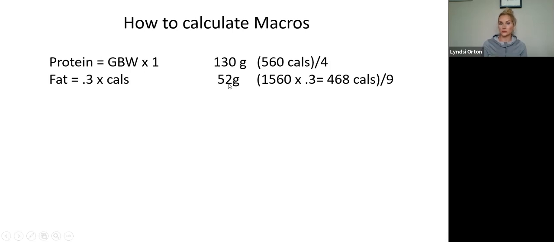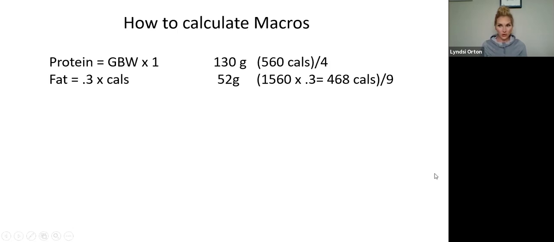So it's 52 grams of fat. So again, we're going to take our calories for the day, multiply it by 0.3, and that gives us how many calories from your daily allotment are coming from fat. And to figure out how many grams that equates to, you divide it by 9. And so in this case, we're going to be consuming 52 grams of fat per day.